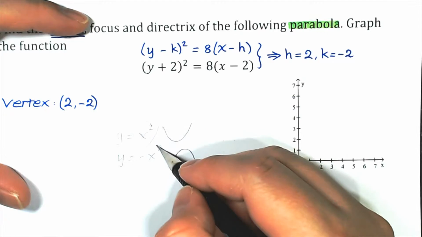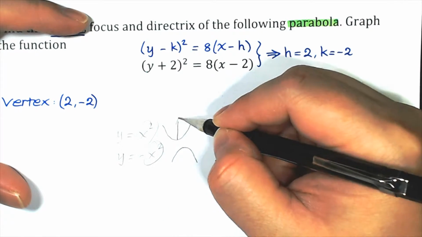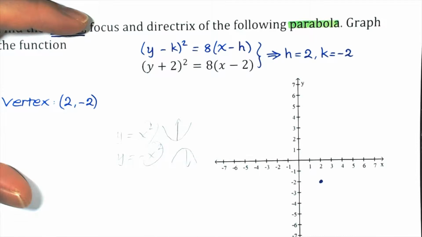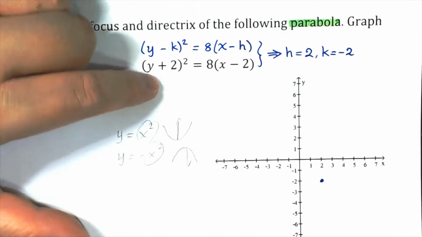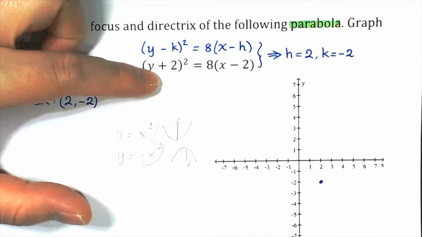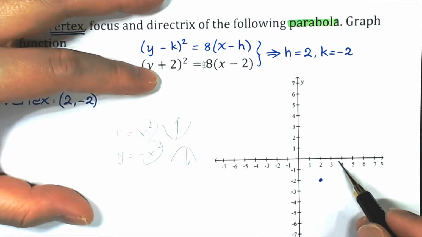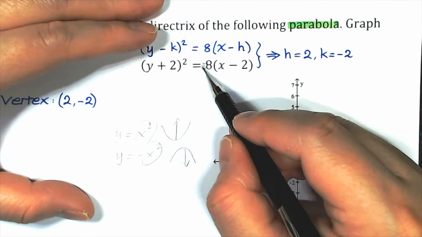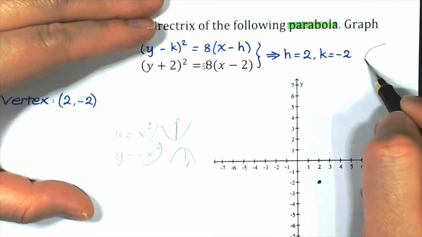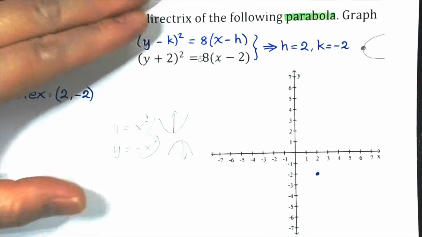So the x squared gives us the vertical parabola, positive goes up, negative goes down. Same thing here. We have y squared, so it's going to be horizontal, and positive, so it opens to the right. That's why we have the vertex right here.